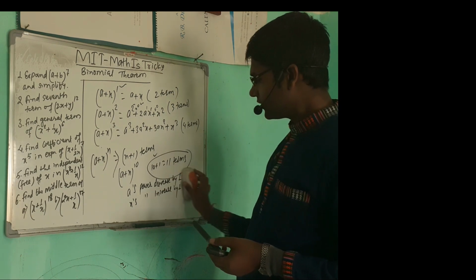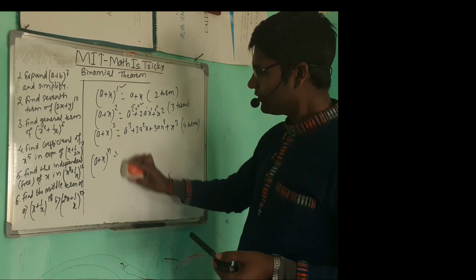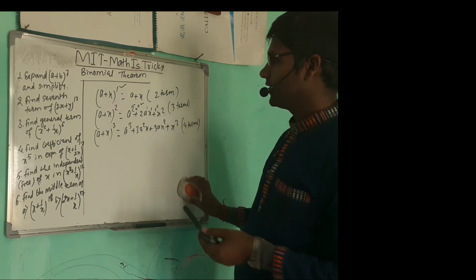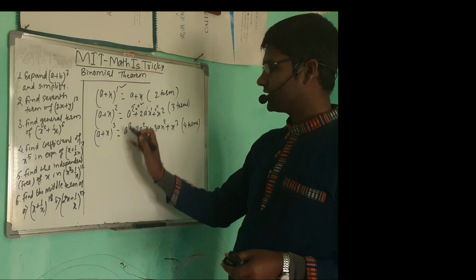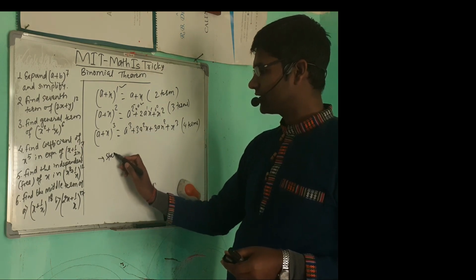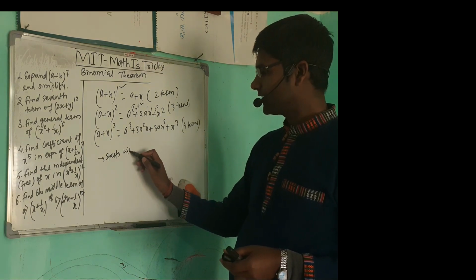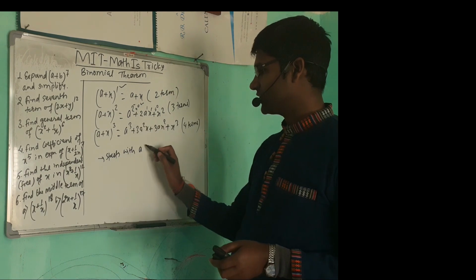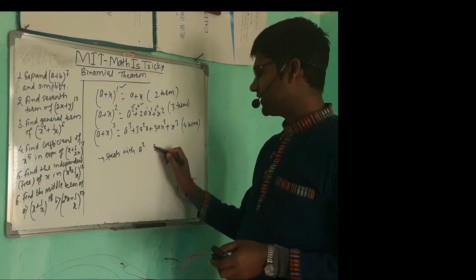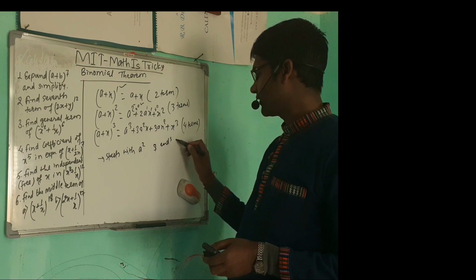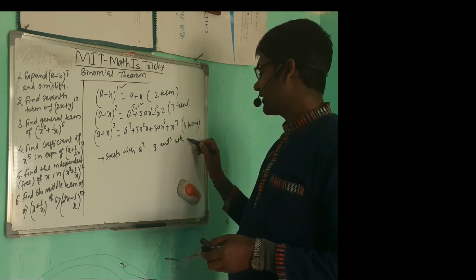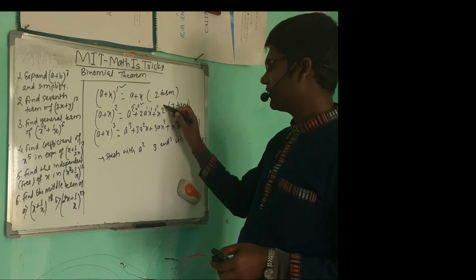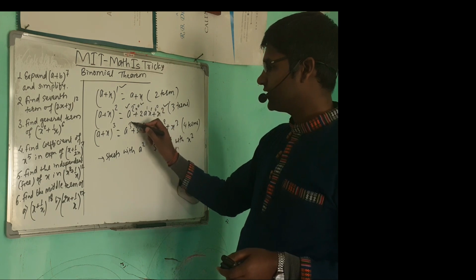Now the third point. If we see carefully, the expansion starts with a power 2 and ends with x power 2, and for power 3, it starts with a power 3 and ends with x power 3.